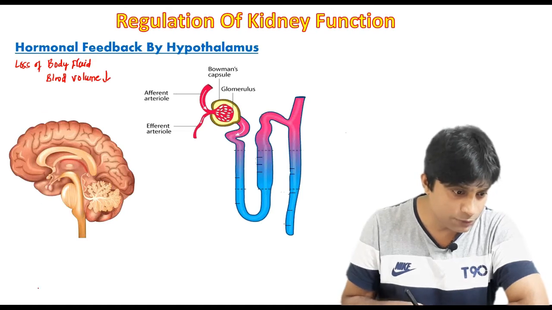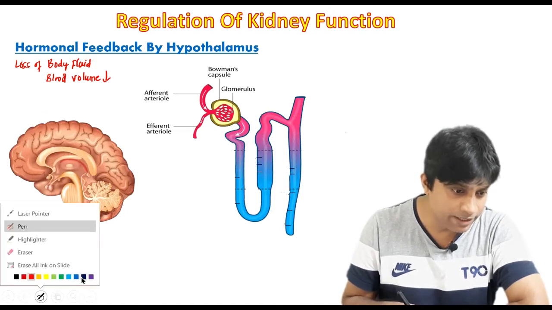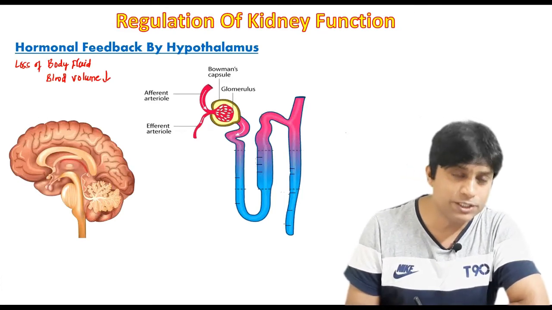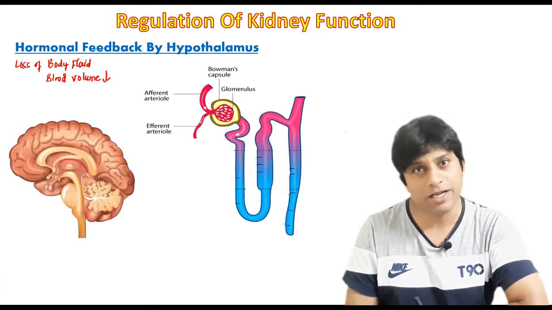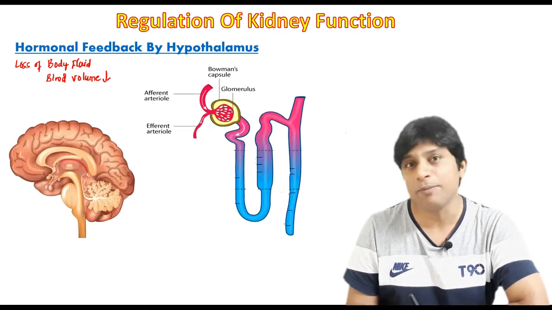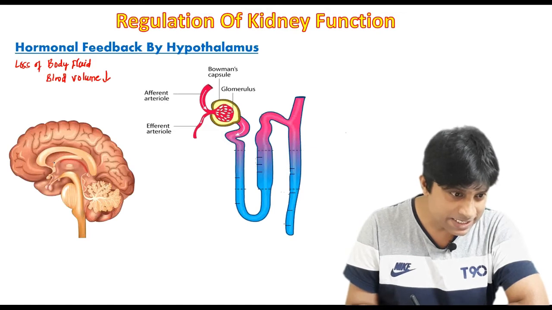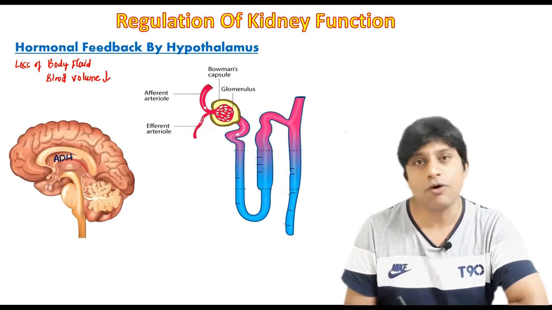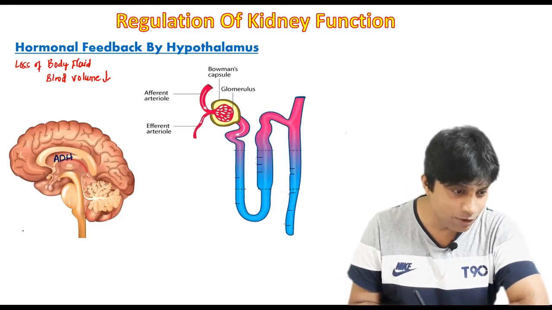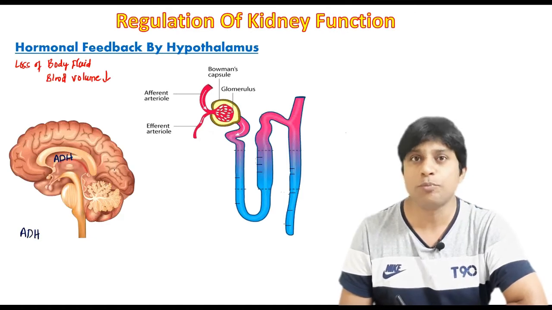These osmoreceptors are located near the hypothalamus. They give a signal to the hypothalamus for the secretion of ADH hormone, which is called antidiuretic hormone. So this ADH is also known as vasopressin.